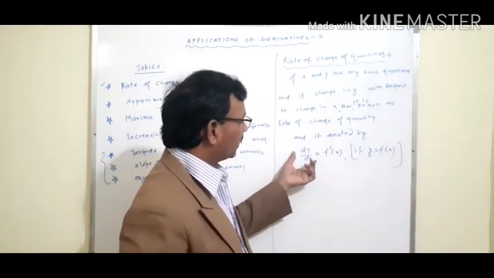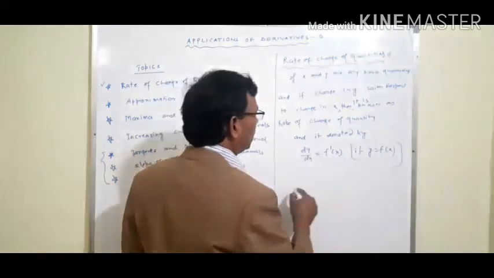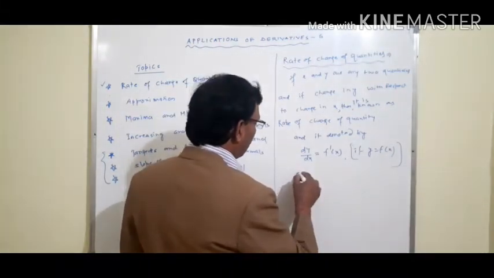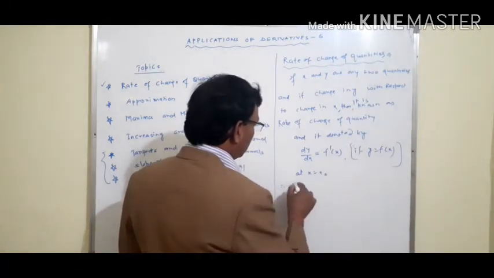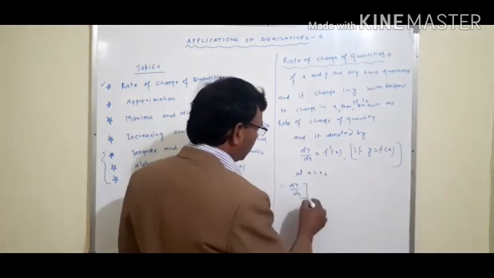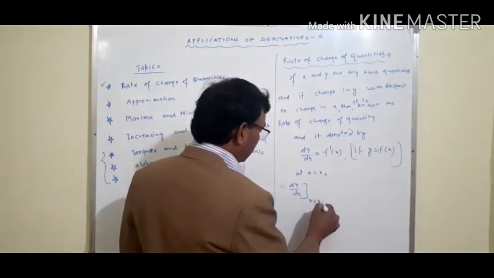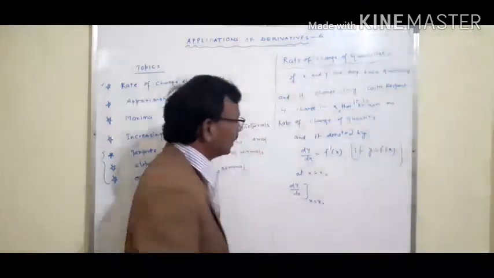So dy upon dx equals f dash x. Rate of change of quantity is also represented at x equal to x0. Therefore, dy upon dx at x equal to x0 is known as rate of change of quantity.